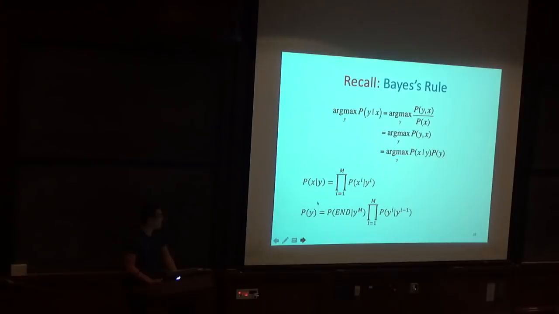And then P of y is just the sequence of transition probabilities from y_{i-1} to y_i. So now we've rewritten this problem in a form that can be explicitly computed by looking up values in the probability tables that we learn explicitly as part of the hidden Markov model.